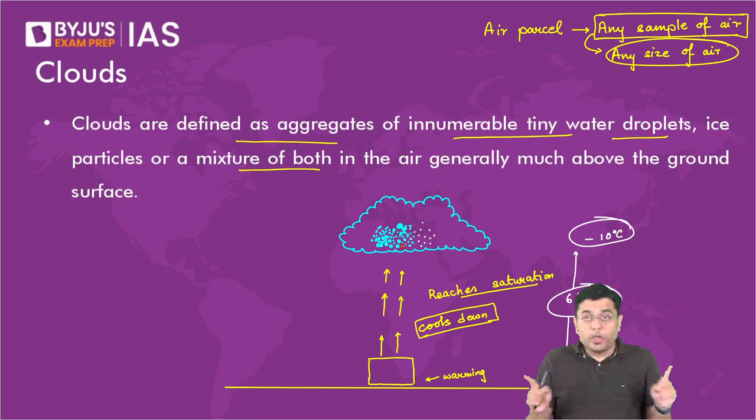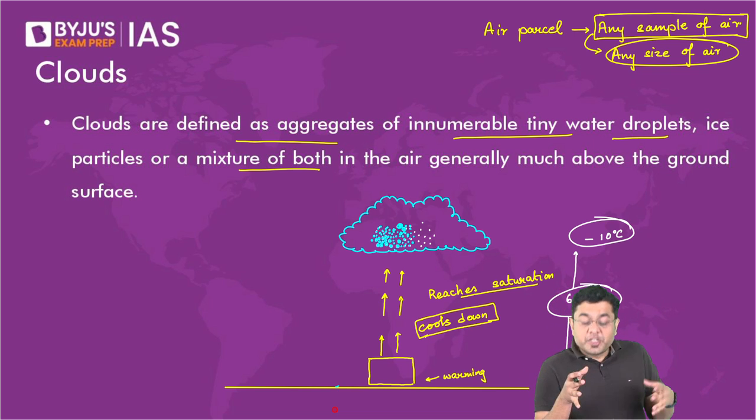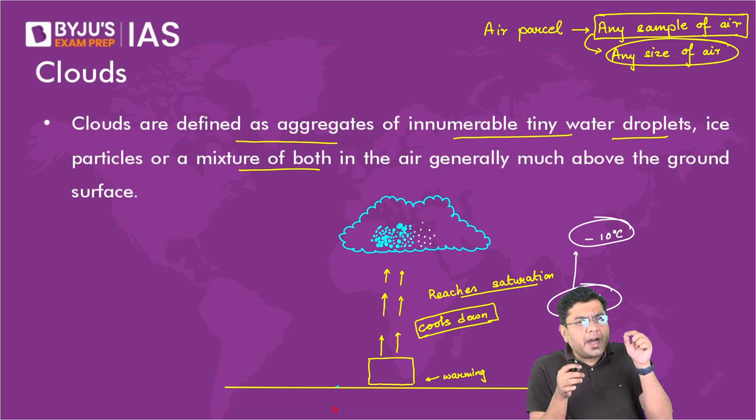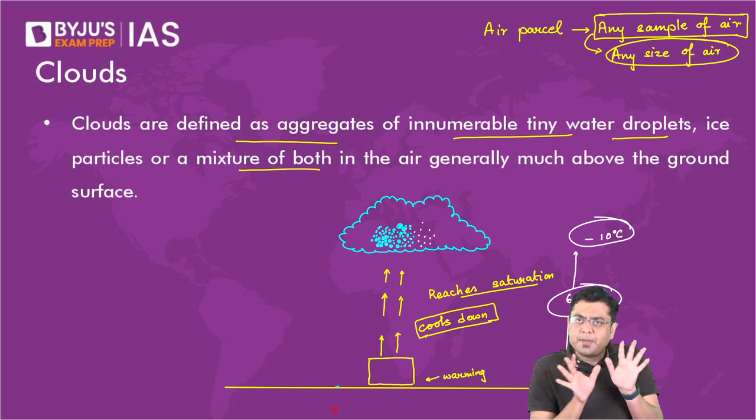This is not dew formation. Dew formation will happen on the surface. This is cloud formation. So can we say that this cloud can be composed of ice particles and supercooled liquid water droplets? Will that be a correct statement to make?